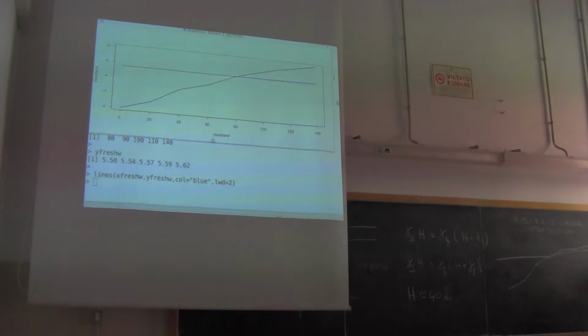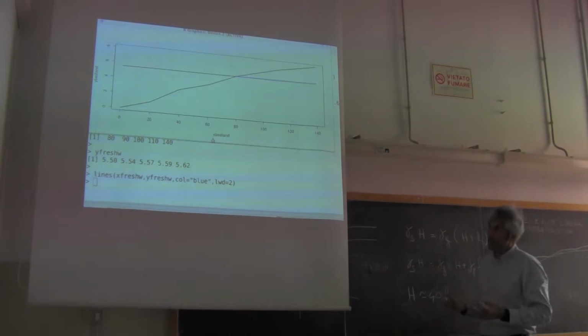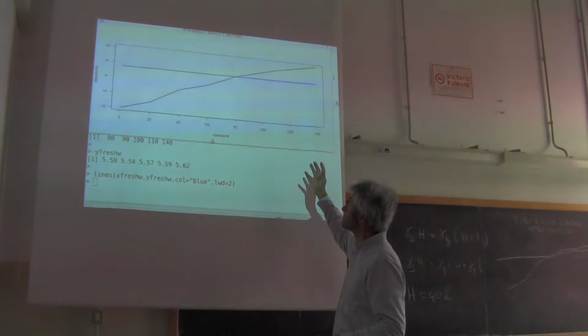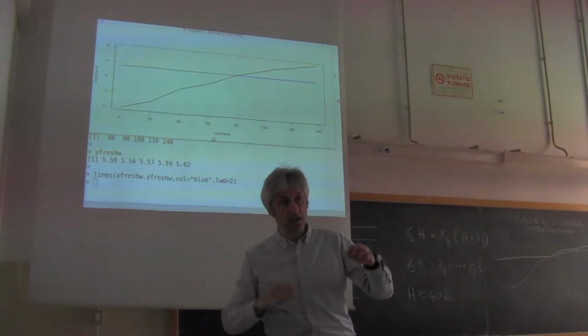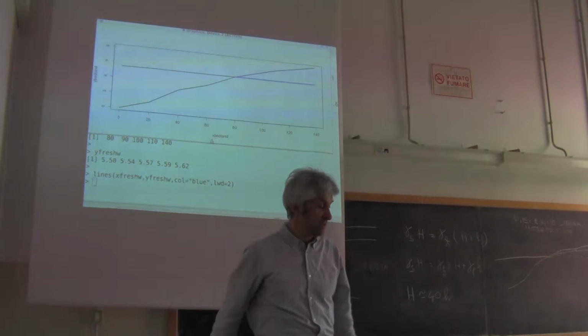And actually what happens is that I have only 5 points to describe the freshwater level. You don't see here the segments because the scale is very compressed.